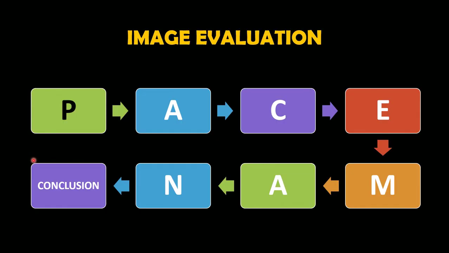This is the outline of the PACEMAN method, whereby it comprises P for projection and positioning, A for alignment, C for collimation, E for exposure factor, M for marker, A for aesthetic, N for name, and last is conclusions or acceptability.